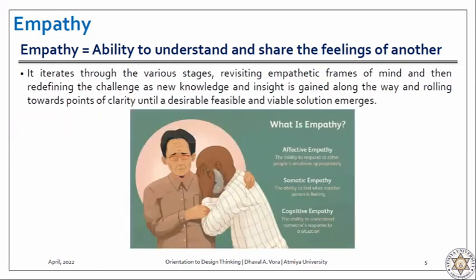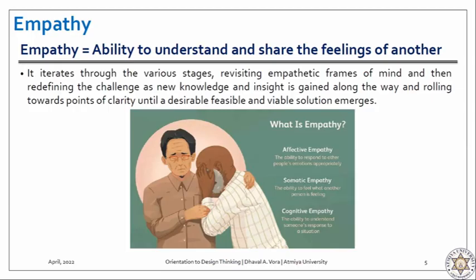Here you can see it iterates through the various stages, revisiting empathetic frames of mind and then redefining the challenge as new knowledge and insight is gained along the way, rolling towards points of clarity until a desirable, feasible, and viable solution emerges. So here, iteration means what?